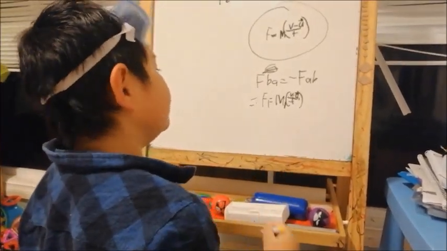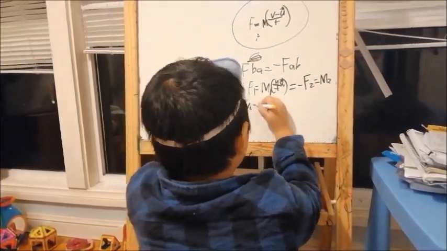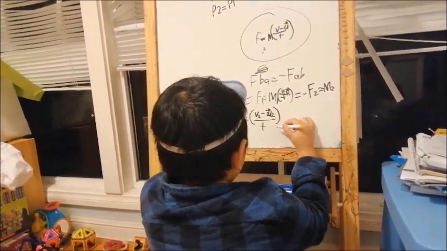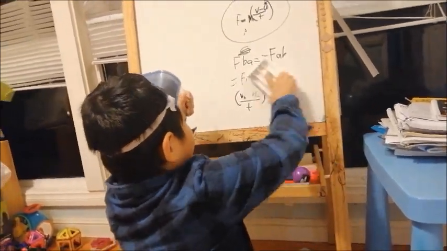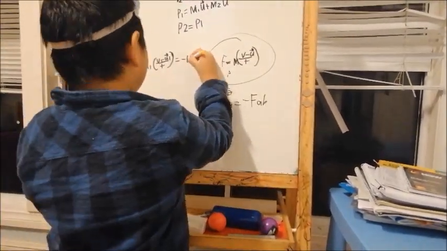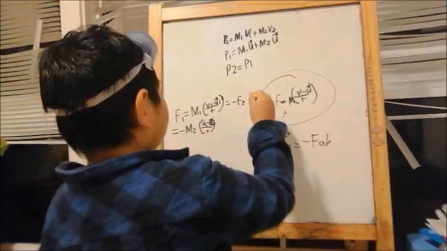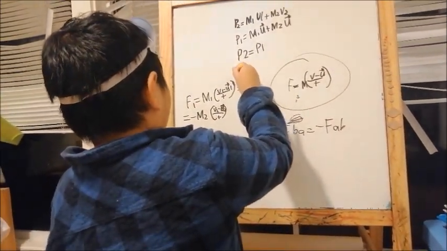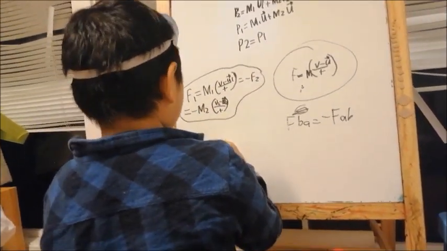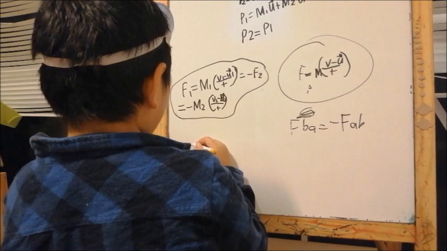Now we're moving on to ball 2. I have to add a little minus there. Now we know this. From this whole thing, now go down here. So we know the force applied is the same, so we can get rid of the force.